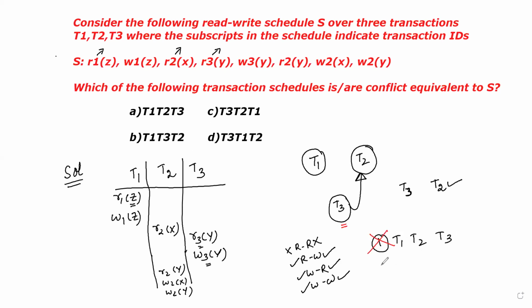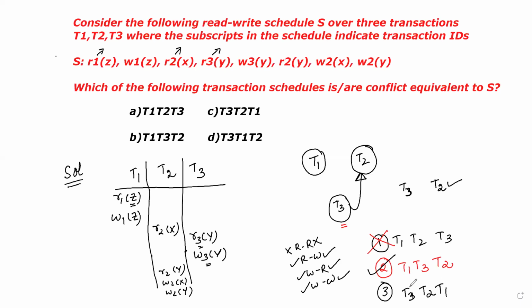Second one: T1, T3, T2. Yes, after T3, T2 came, so this is right. Third one: T3, T2, T1.